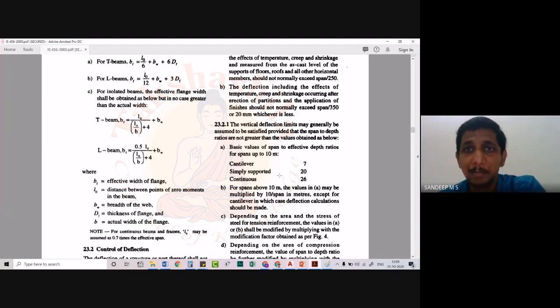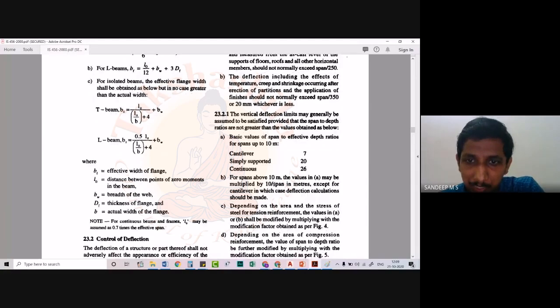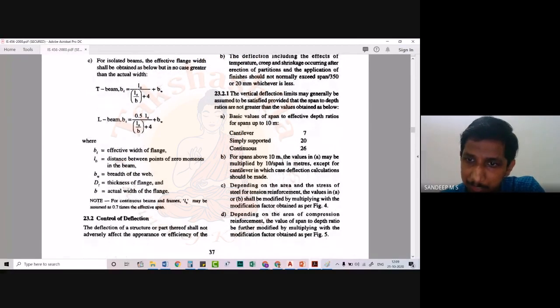Now let's see what will happen if the span is greater than 10 meters. We cannot always have a beam which is having a span less than 10 meters. So for span above 10 meter, the values in this clause, that is clause number A, may be multiplied by 10 by span in meters, except for cantilevers, in which case deflection calculation should be made.